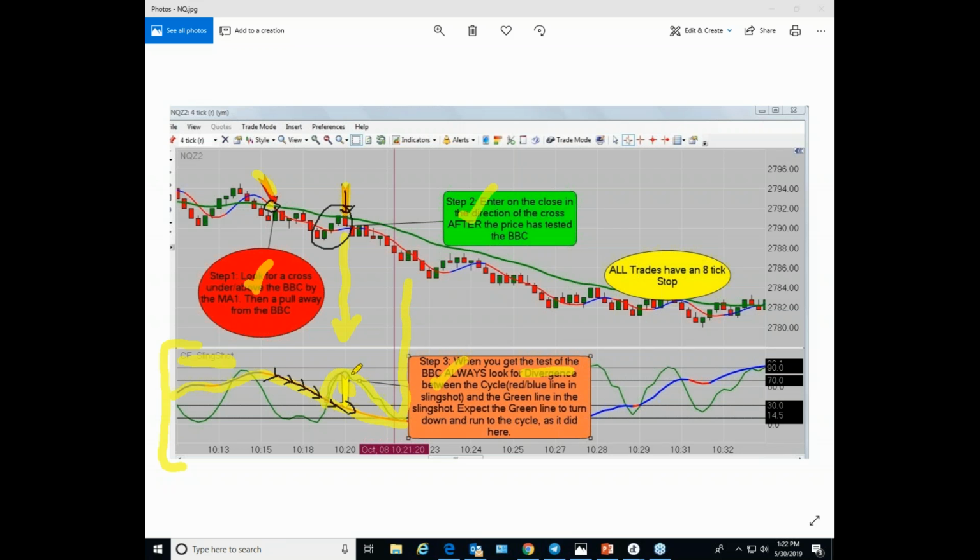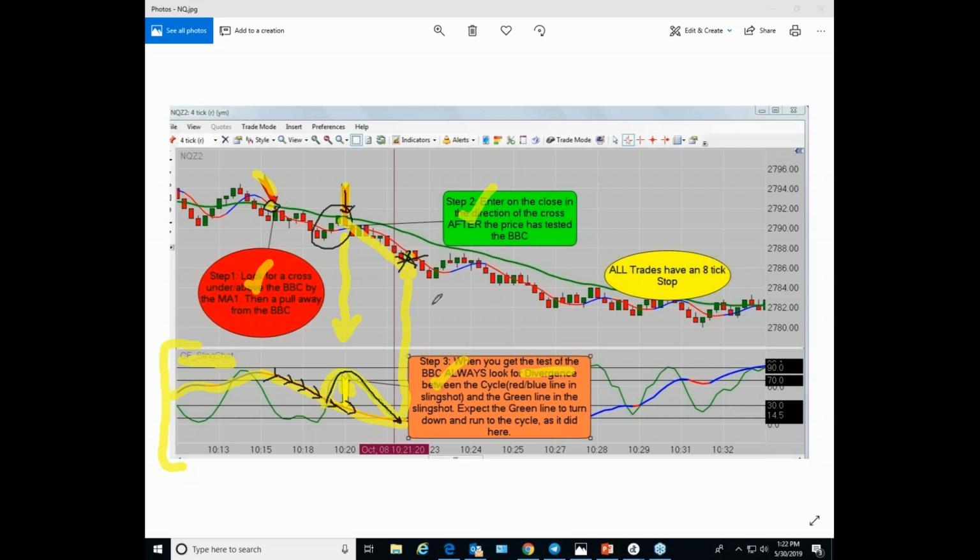The green line pulls away and then comes down and touches the cycle, and in doing so, the market is going to make a new pivot low. When these two things are happening, this is where we're getting out of Dodge. This is where we're exiting the trade right here. This is our exit strategy: when the green line pulls away and does the normal thing when it gets into the cycle.